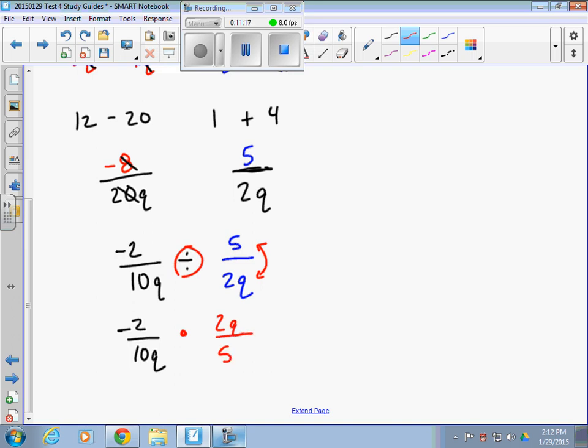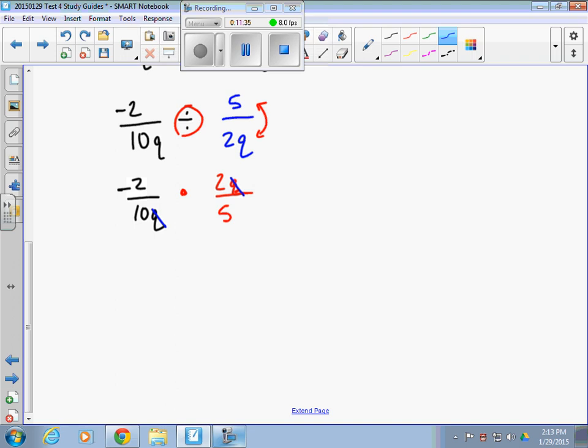So remember, you can always cancel out anything that's the same on both the top and the bottom. The variable q over q will cancel itself out. And then you can multiply straight across and then simplify it after if you feel better doing that.